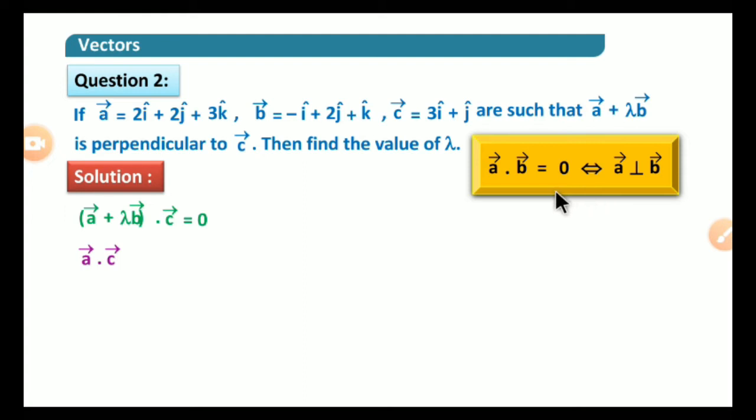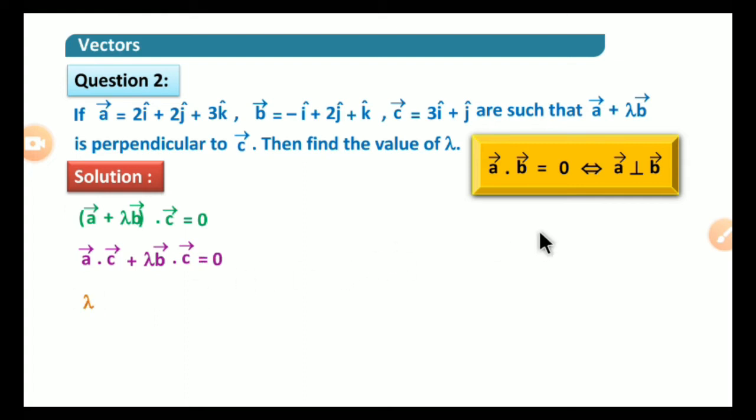This can be written as A dot C plus lambda B dot C is equal to 0, by using the right distribution law.